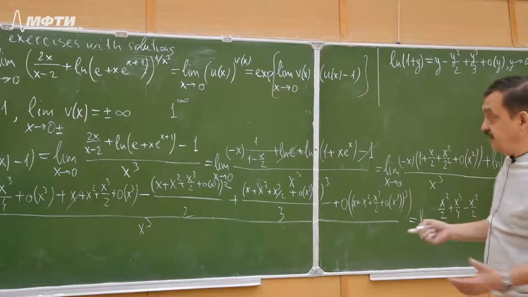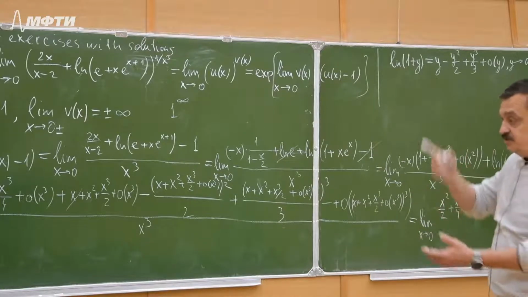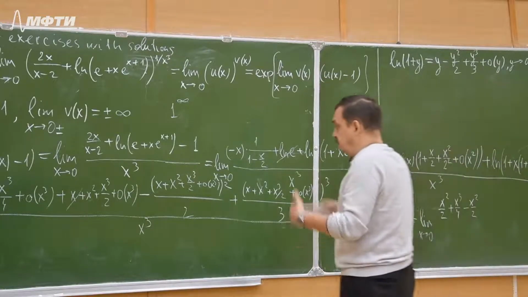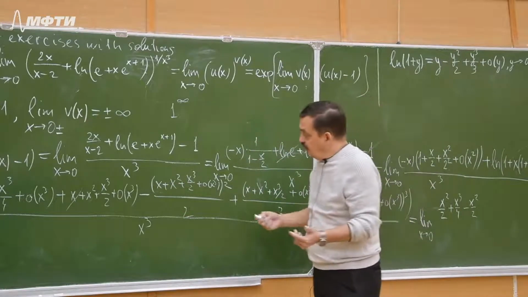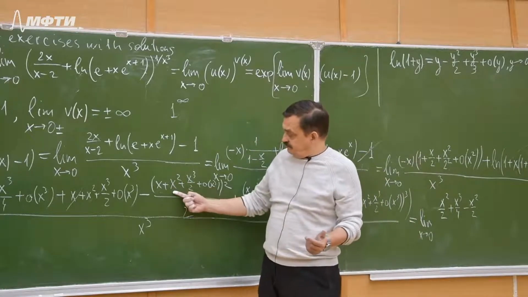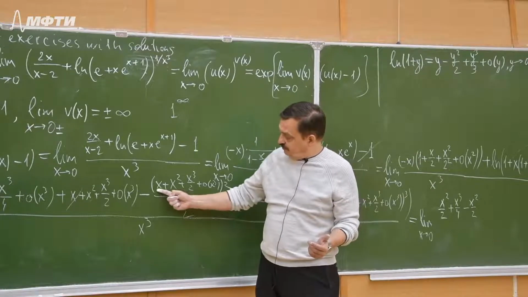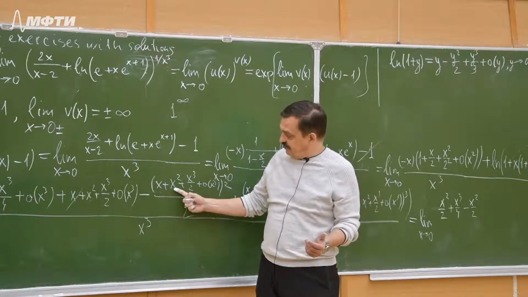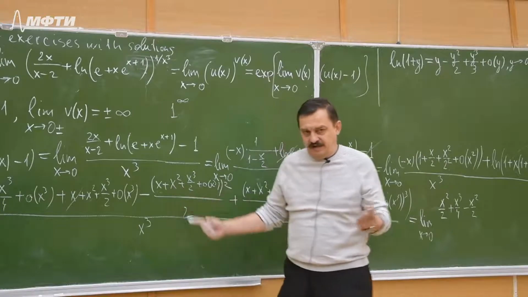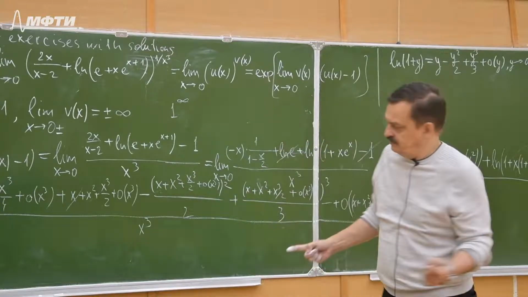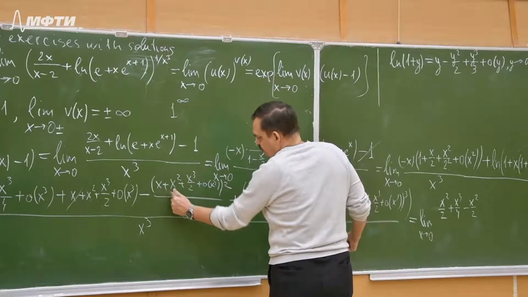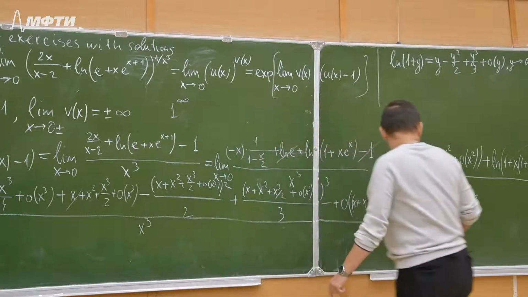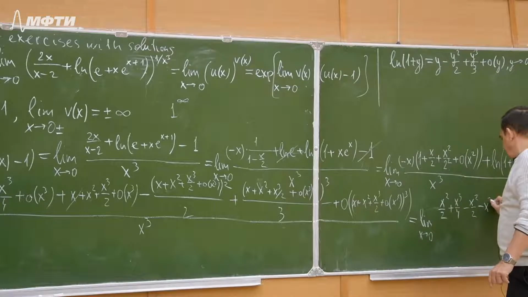It contains squares of each term plus double products of different terms. What's about double products? Look at this double product. X times x squared gives x cubed, and we are interested in cubes. So double product gives 2x cubed divided by 2, so minus x cubed.